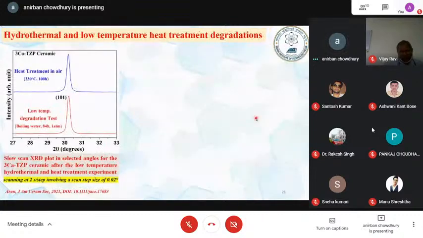Okay, then these are the two tests we did, one very relevant for biomedical and dental ceramic applications. They call it the low temperature degradation test. They do it at either high pressure, high temperature, low temperature, or ambient pressure for many hours. Here we did boiling water, 84 hours, 3.5 days.